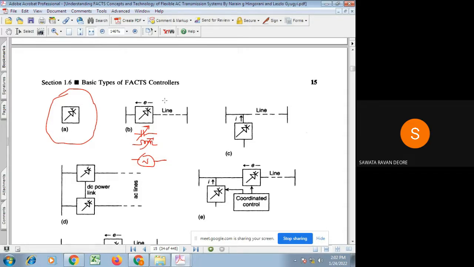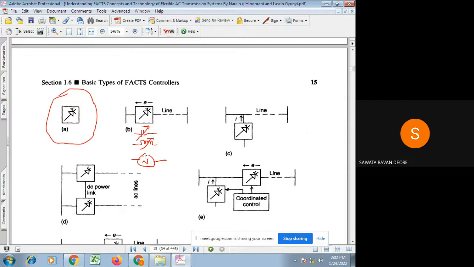Or it can be a voltage source. It can be a voltage source of the rated fundamental frequency of your overall system, or it may have some harmonic component in that voltage source, or may have some subsynchronous component.